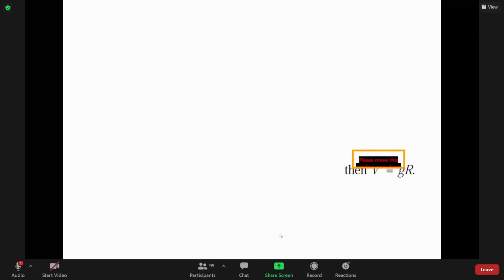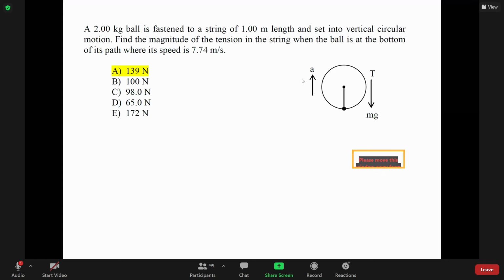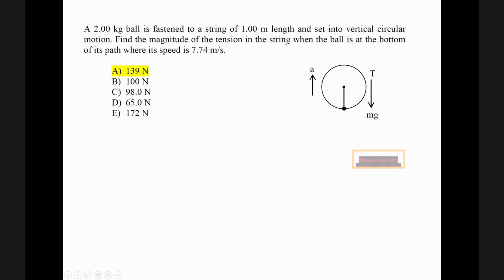Right. Let's take another example. This is an old exam question. A 2-kilogram ball is fastened to a string of 1 meter length and set into vertical circular motion. So somebody attached a stone and had a vertical motion. This is not horizontal. Vertical means it's vertical, not horizontal circles.